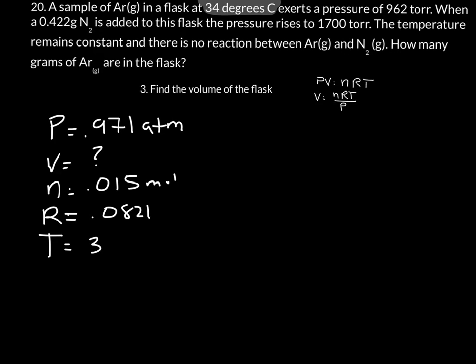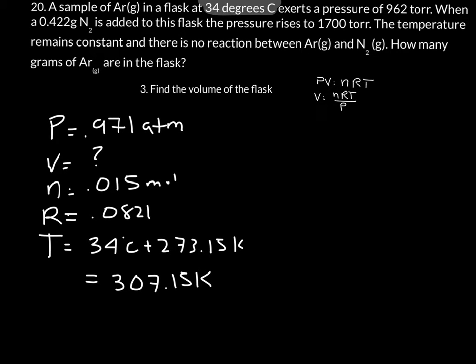So 34 degrees Celsius plus 273.15 kelvins is equal to 307.15 kelvins.